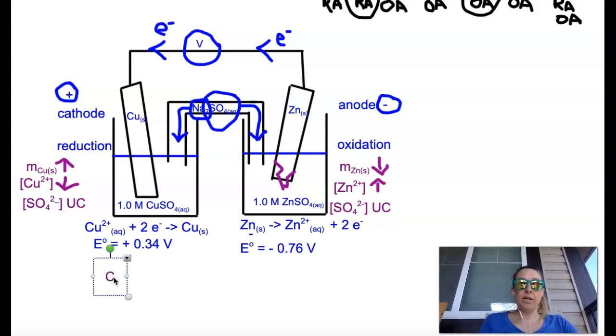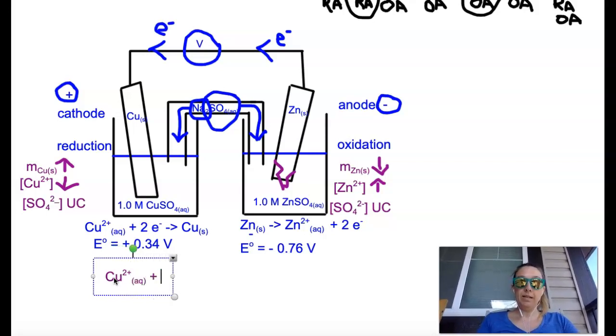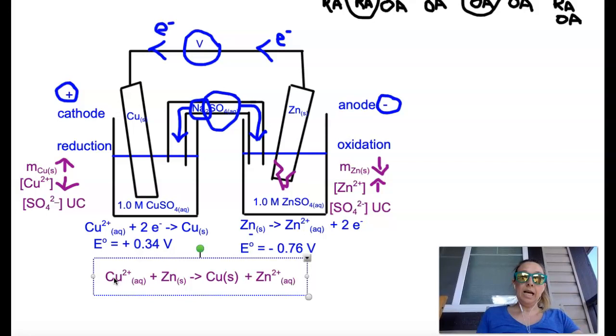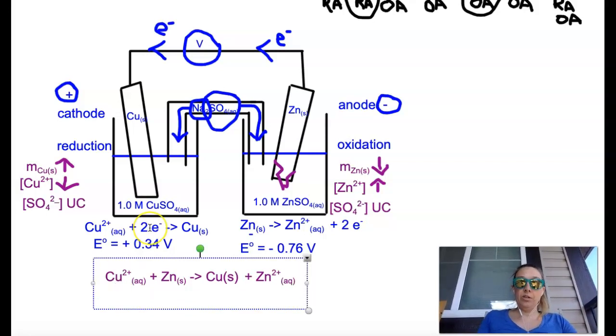So our overall reaction is going to be Cu2+ (aq) + Zn (s) to give us Cu (s) plus Zn2+ (aq).